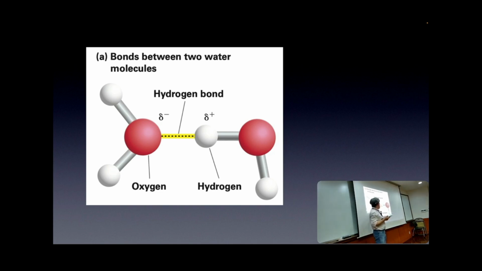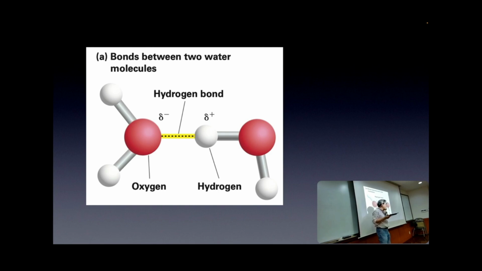And what do we call this? Hydrogen bond. Why? Because in making a hydrogen bond, you always have to have hydrogen involved. But what kind of hydrogen? Any poor hydrogen that somehow signed up for a covalent bond with another atom that is highly electronegative.